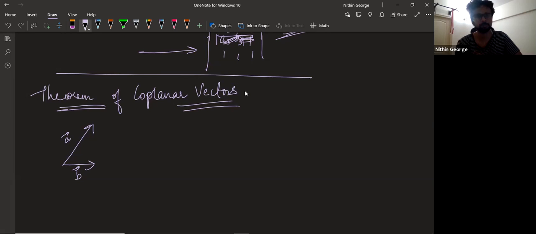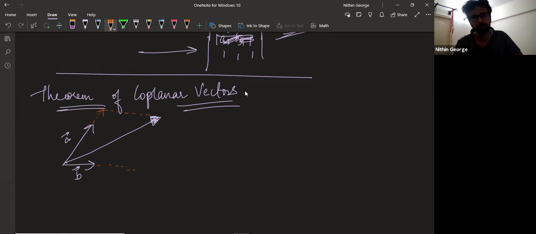Suppose I want to find a vector like this. How do I use these two vectors, A and B? I will extend A here and try to form a parallelogram. This is my objective.